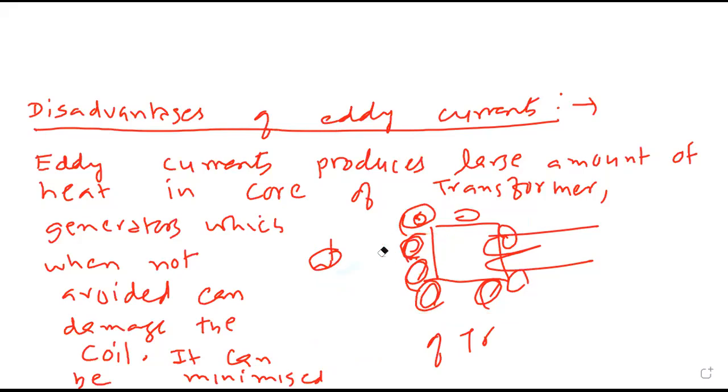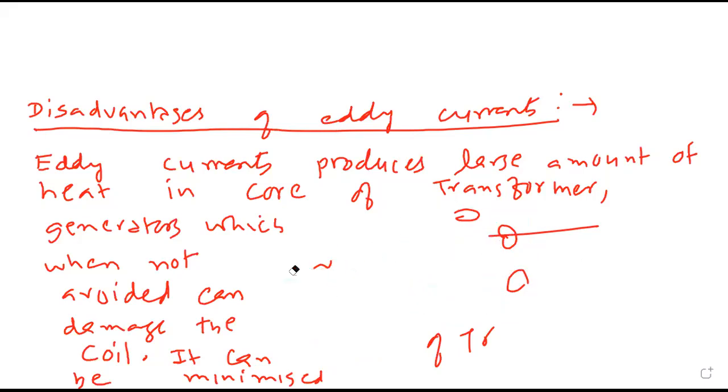It can be minimized. Means you can't make it zero, but you can make the effect minimum.